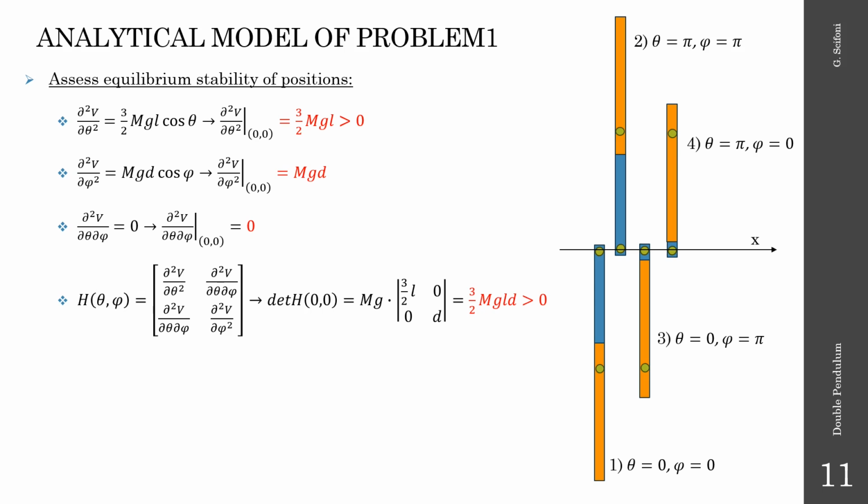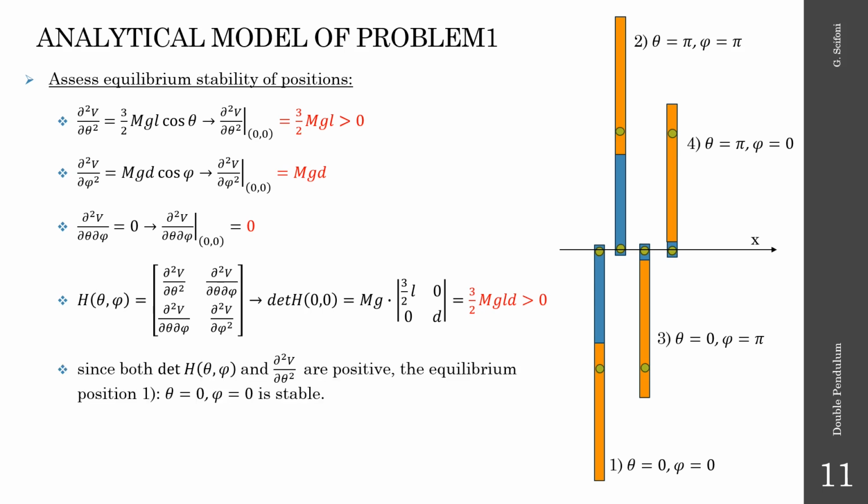Since both the Hessian determinant and the first element of its matrix are positive, the position 1 is stable. If we repeat the procedure for the three remaining equilibrium points, we assess that they are unstable because either the Hessian determinant or the first double derivative is negative.